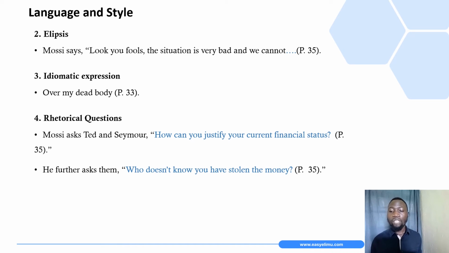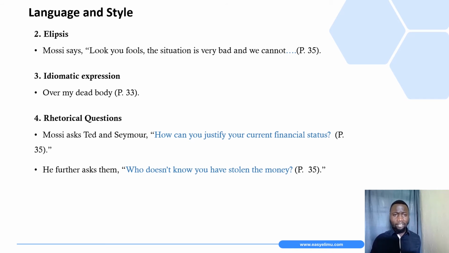And remember, we said that omission of words is normally done using a set of dots, normally at the end of the phrases, or rather at the end of a given speech, not necessarily an end, because we are talking about omission. So they are represented by a set of dots.